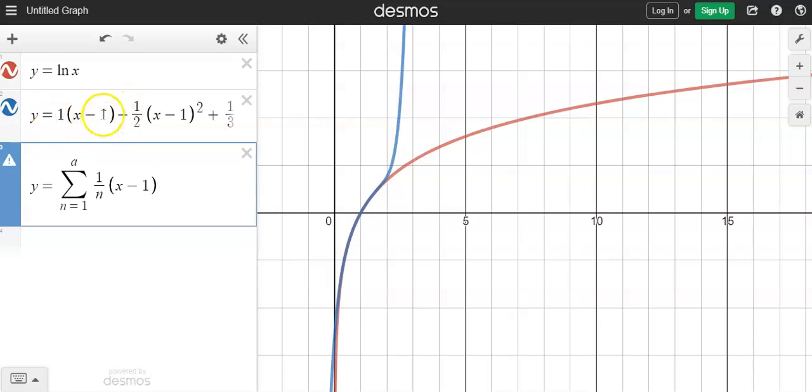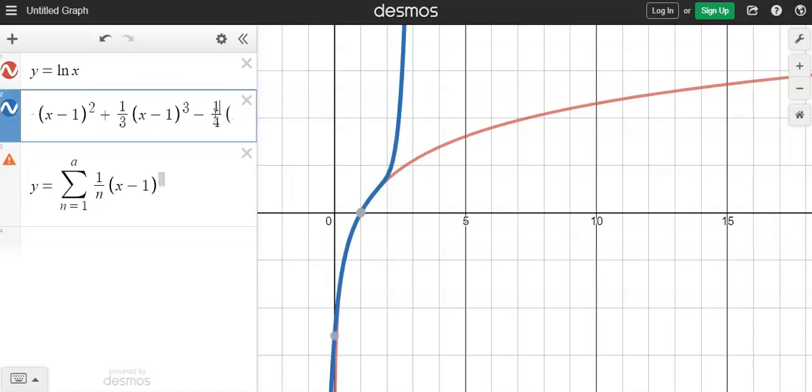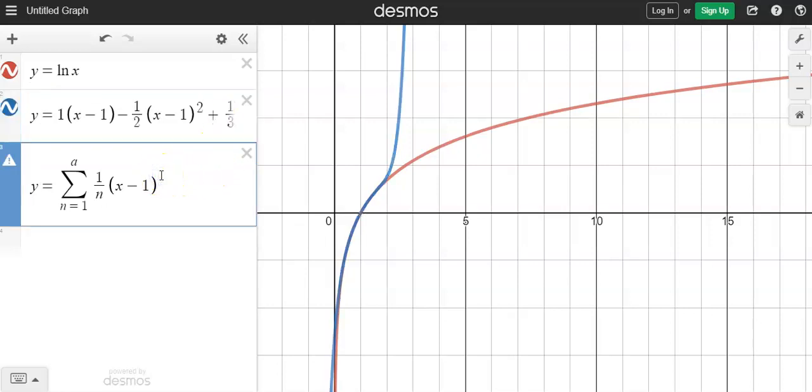And then it was raised to the power of n. So if this first term is n equals 1, the power is 1. When n equals 2, the power is 2. When n equals 3, the power is 3. And so it's x minus 1 to the n. And then, don't forget, this thing alternates plus minus, so I'm going to need a negative 1 to the something. You can memorize it or you can just make sense of it.